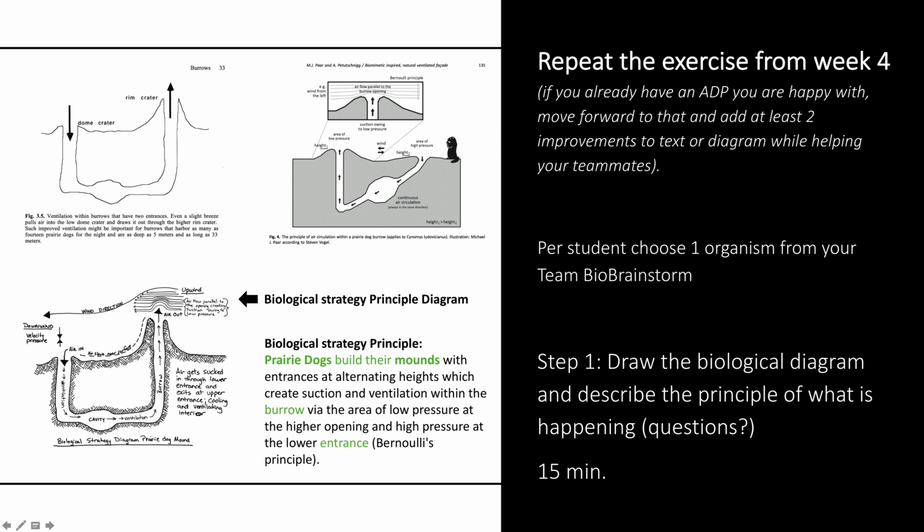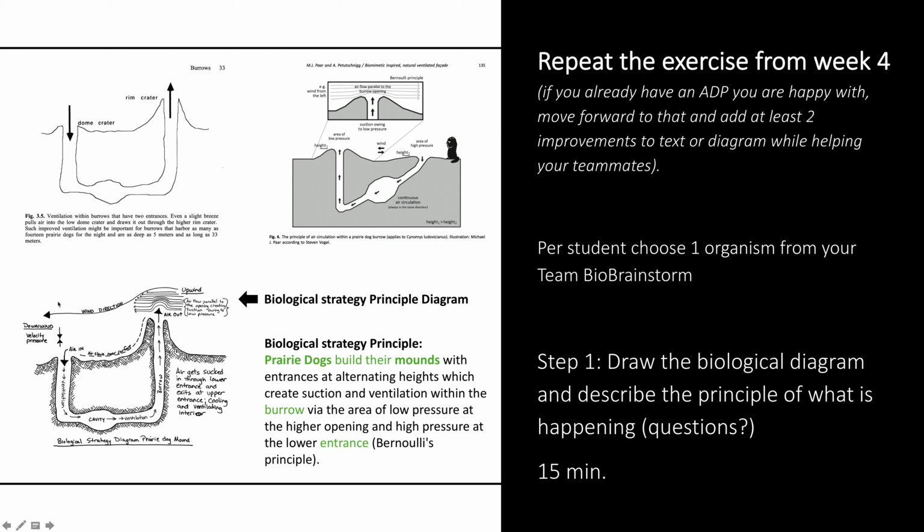So this is the biological strategy principle diagram. You are explaining the biological strategy here. This is what the prairie dogs do to create the airflow within their burrows. The wind will go over the top and it will create a suction from the lower entrance through the cavity and out through the top.